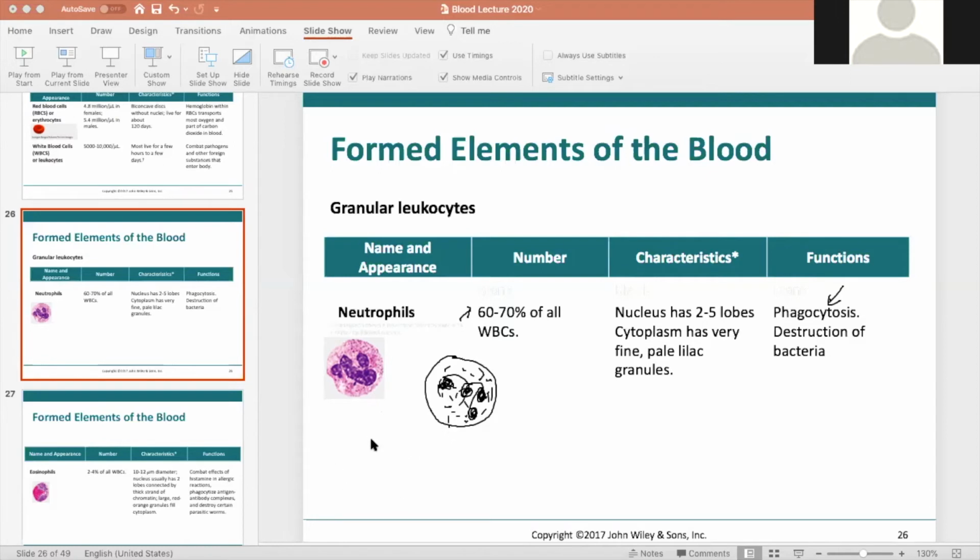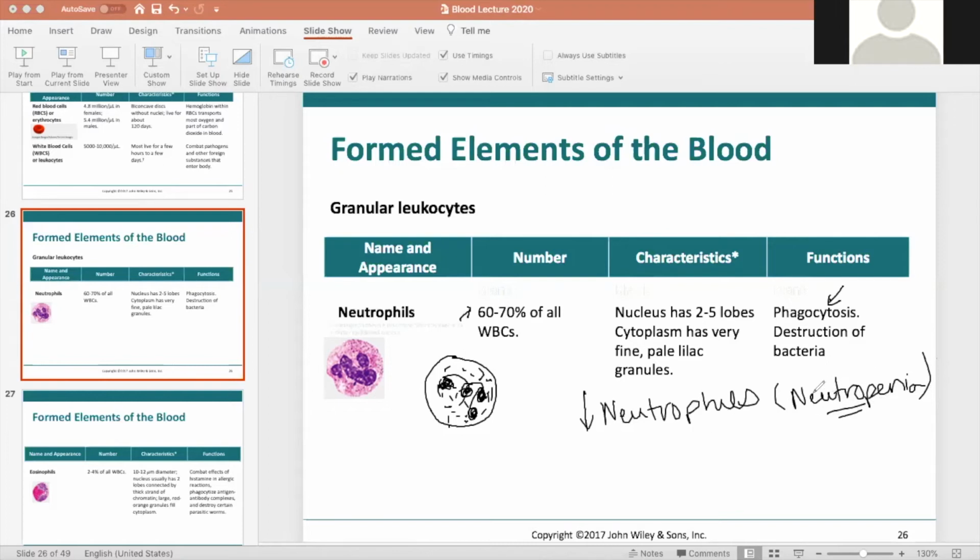So if we have low neutrophils, let's say that we have a number that is lower than normal, we would say that that is neutropenia, right? Cancer would be somewhere that we might see neutropenia, low neutrophil values.